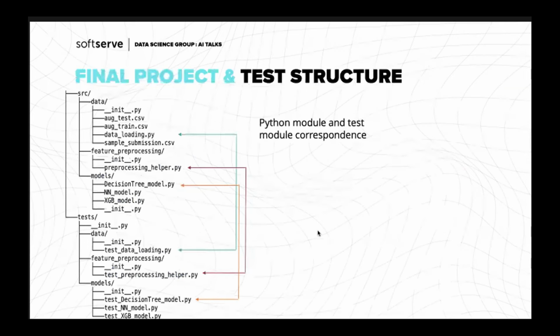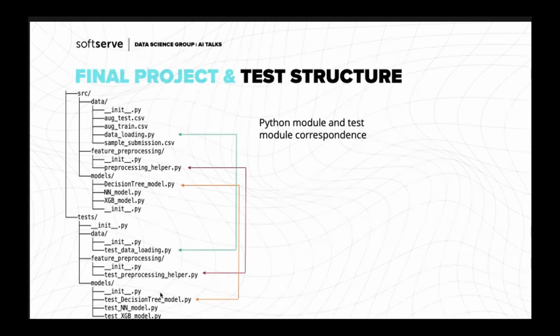And finally, the project and test structure has the following view. We can see source, and inside of source it's data, feature preprocessing, and models. It's all our code of the data science project. And also we have tests, and inside of the tests folder we have data, where all tests covering the data folder are, and feature preprocessing, the same as we have in feature preprocessing of the source folder.